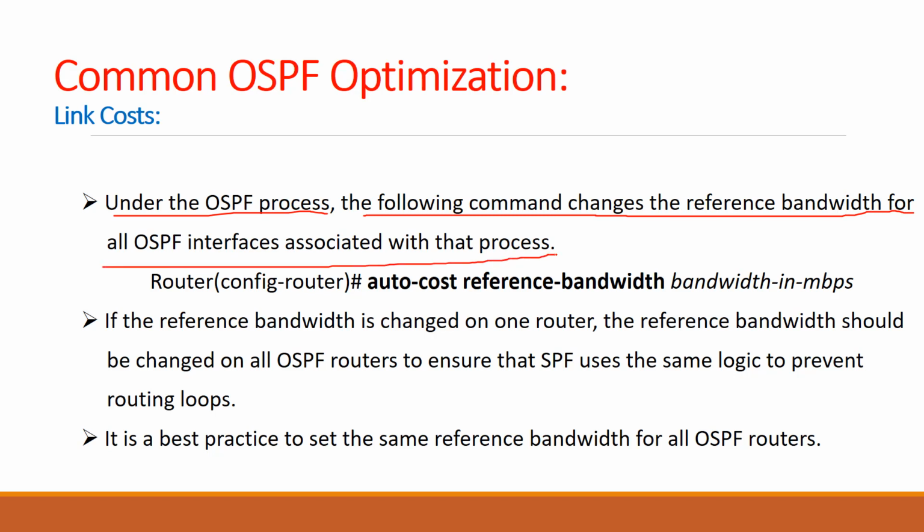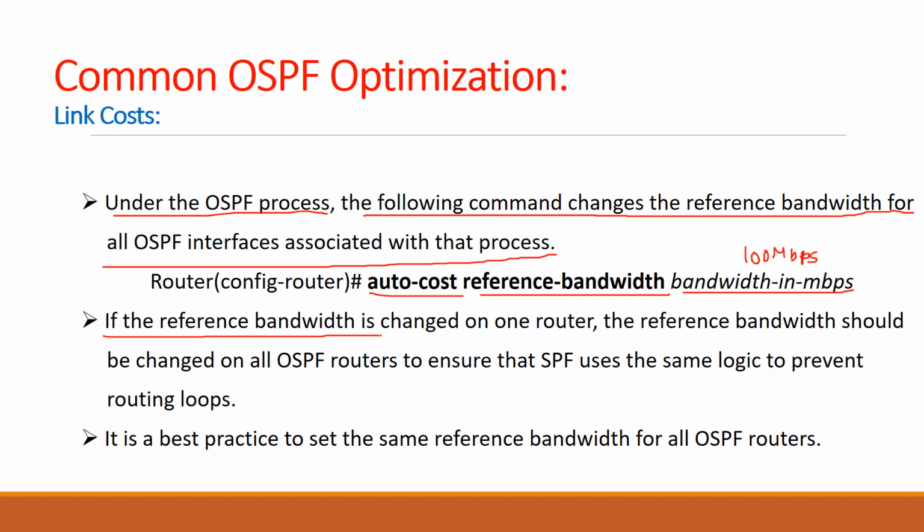Under the OSPF process, you can use auto-cost reference-bandwidth and change it to a specific value in megabits per second, and the default is 100 megabits per second.